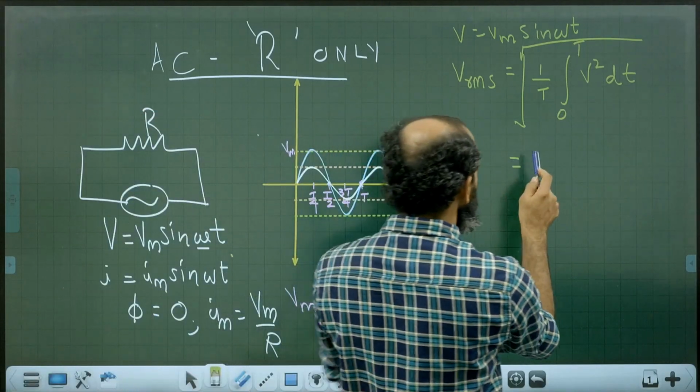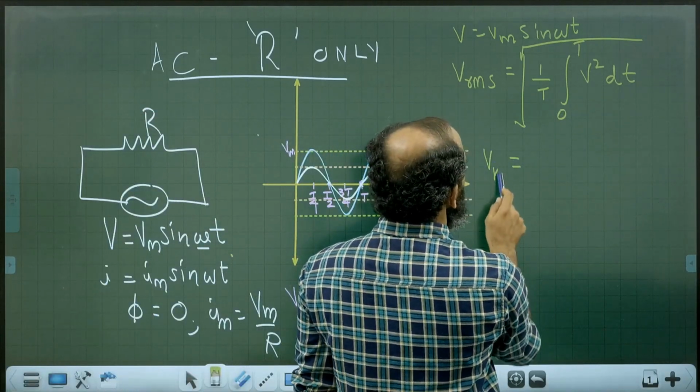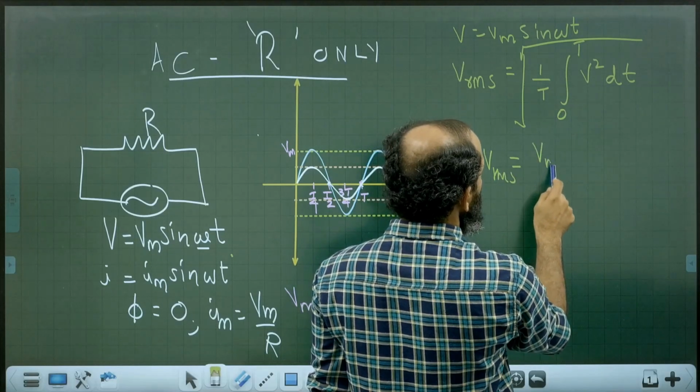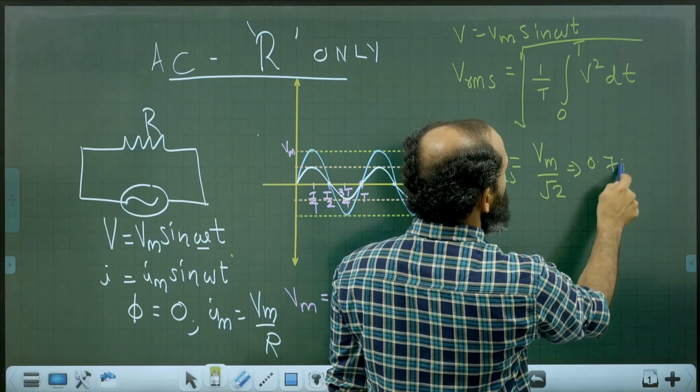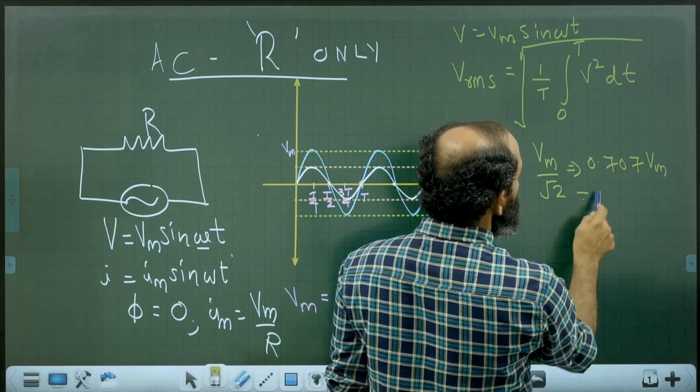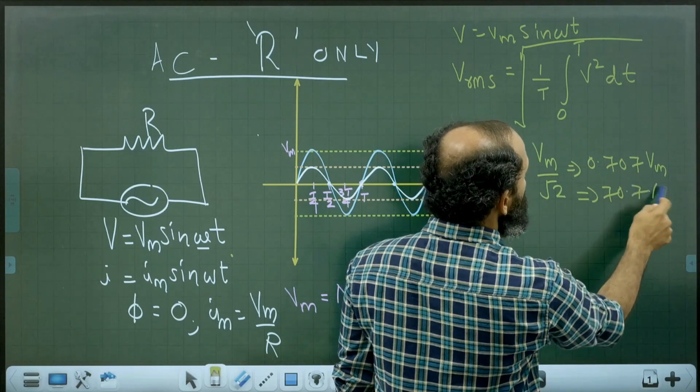On carrying out that integral, we get Vrms as Vm divided by root 2. That implies 0.707 times Vm.